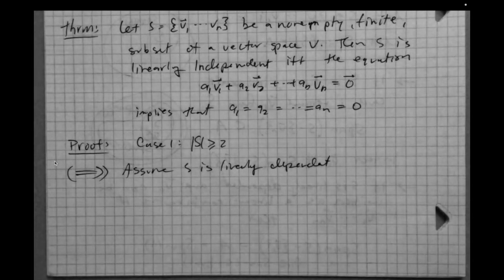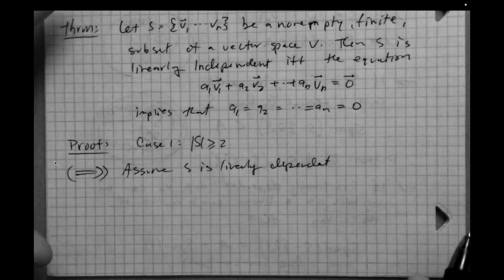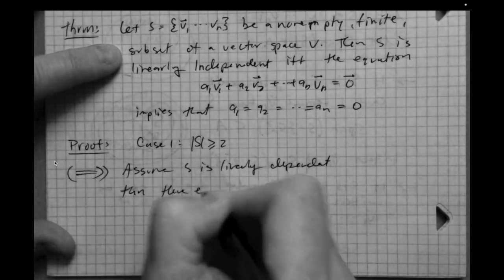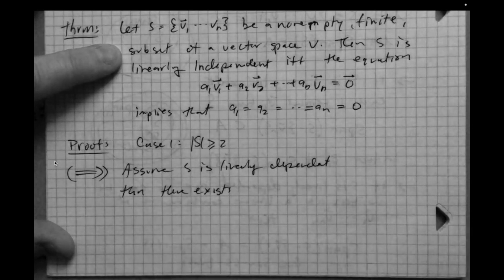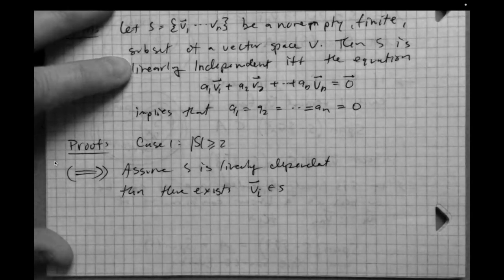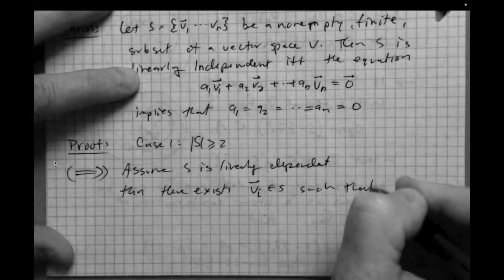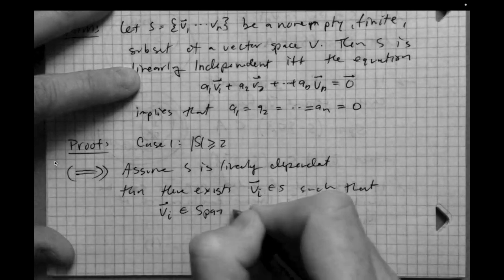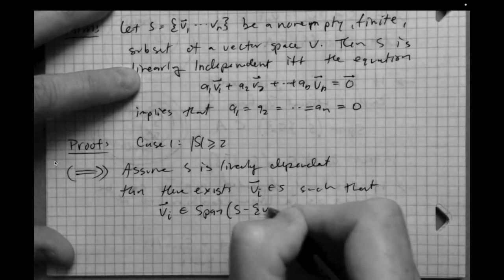Okay, we'll assume S is linearly dependent, and we'll show that at least one of the coefficients is non-zero. So assume S is linearly dependent. If that's the case, then there exists some vi in S such that vi is in the span of S minus vi.